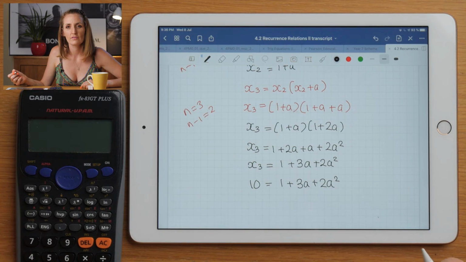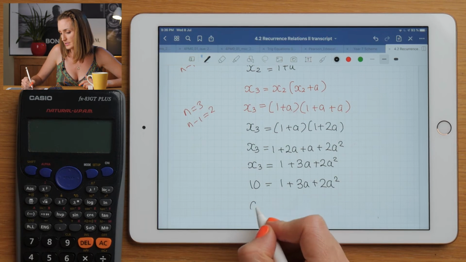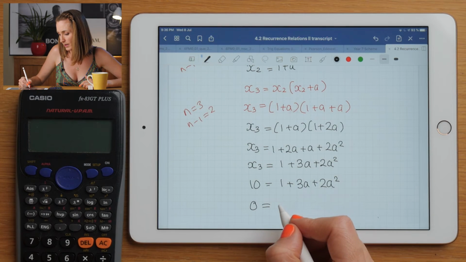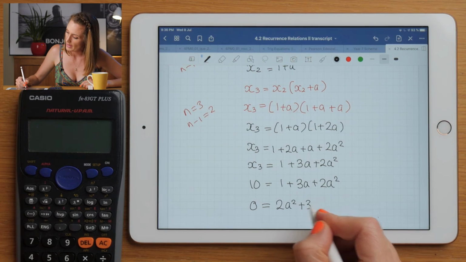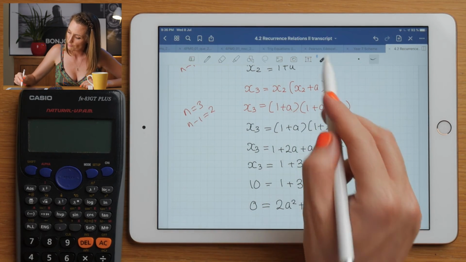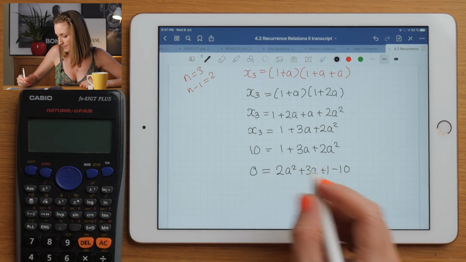And now we have a non-monic quadratic equation. So we basically need to bring everything to one side. I'm going to start by writing the a squared. It's much easier if you have a squared, then a plus 1, and I've brought the 10 over to the other side, and it's become minus 10.